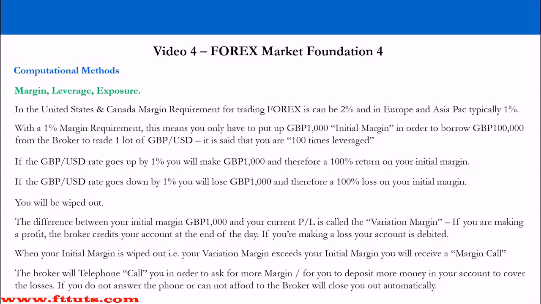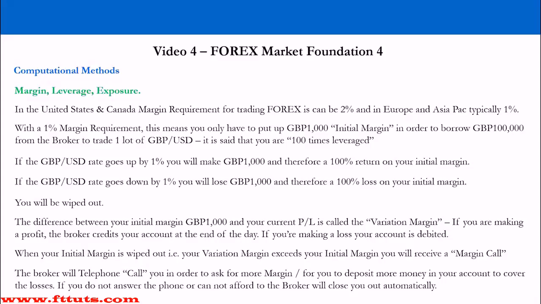So it all depends on the broker and the product that you're trading. So whether you're trading spot or in the futures market. And in Europe and Asia, it's typically 1%. So what you're going to find is it's really just 1% across the board.